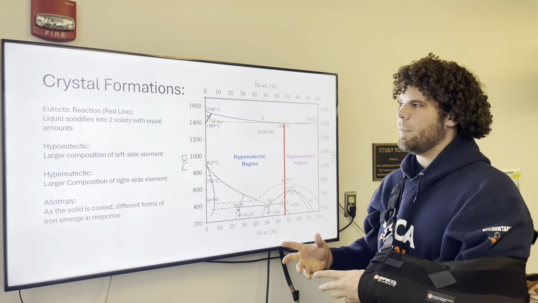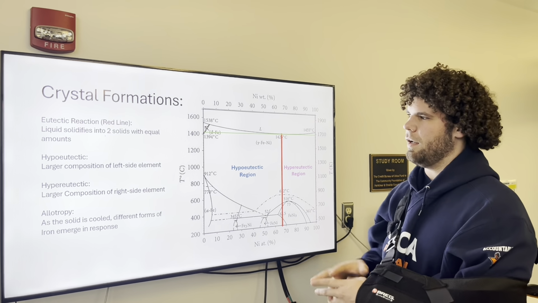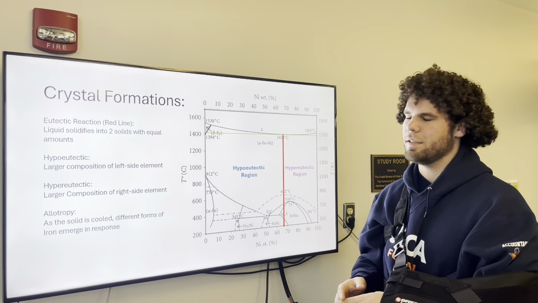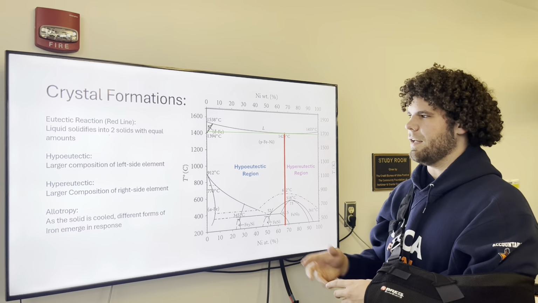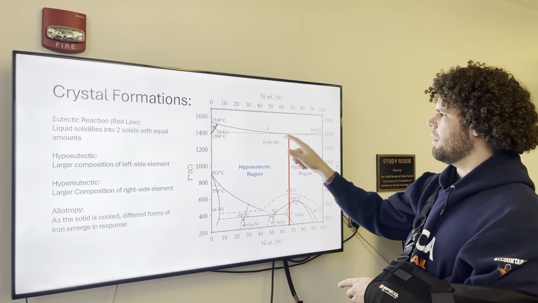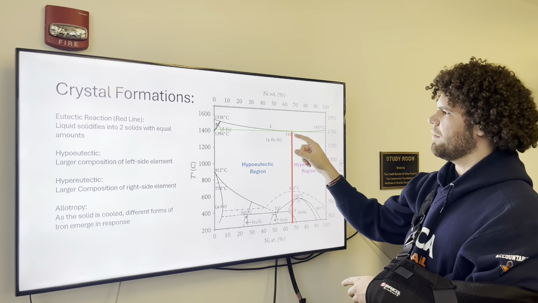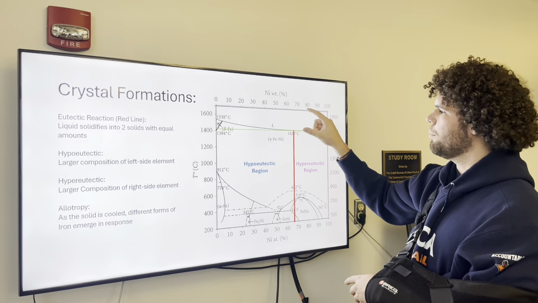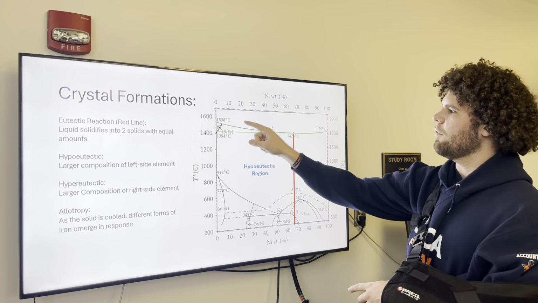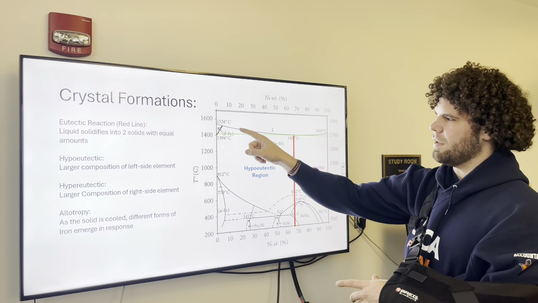All right, so when we talk about the crystal formations, we're really talking about how the liquid solidifies into those crystals. The primary way that we've seen that done is with this eutectic reaction. When we see this liquid line right here, we find where it bottoms out, because that's the point where it goes from pure liquid to pure solid. You can see over here there's a gap where it would fit this delta iron plus liquid region.